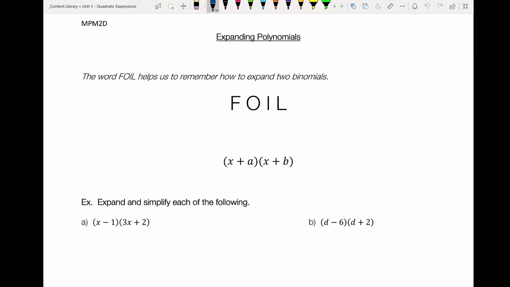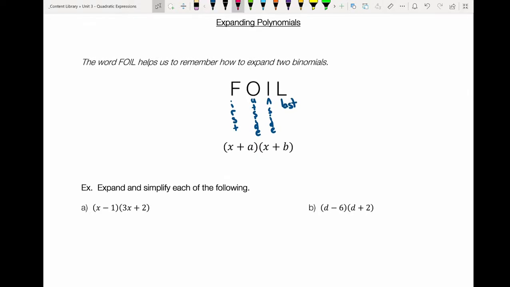So if I look at this example here, the word FOIL is an acronym that stands for first, outside, inside, and last. So basically what that means is if I'm looking at my two binomials, I'm going to multiply my two first numbers, so the x and the x.